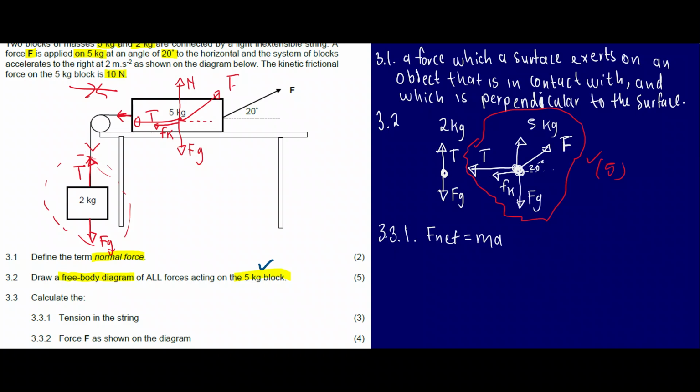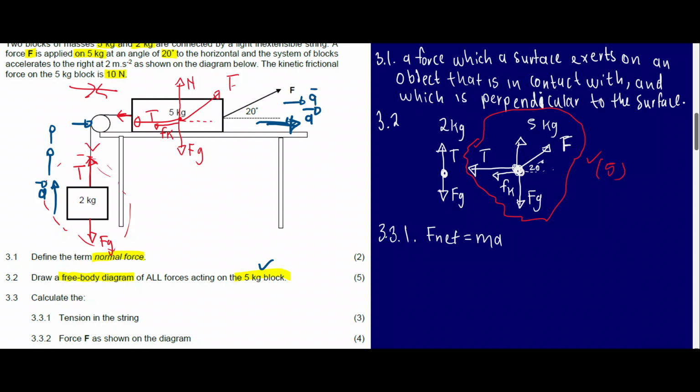This system is accelerating to the right, they said. It means that this block would be accelerating up. As the 5 kg block goes to the right, the 2 kg block is going up.